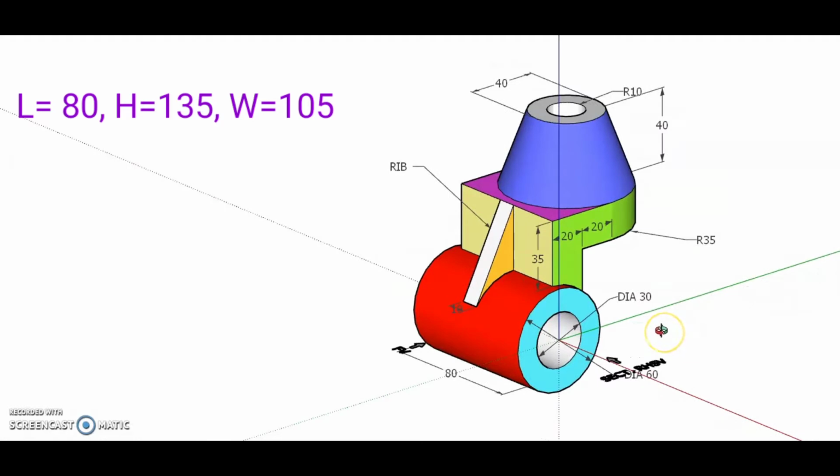Now for overall width, we have to look in this direction, that is the yellow color line or yellow color axis. For this, we have to start from this point. From this to this is 30 millimeter, plus 20 gives 50, 50 plus 20 gives 70.